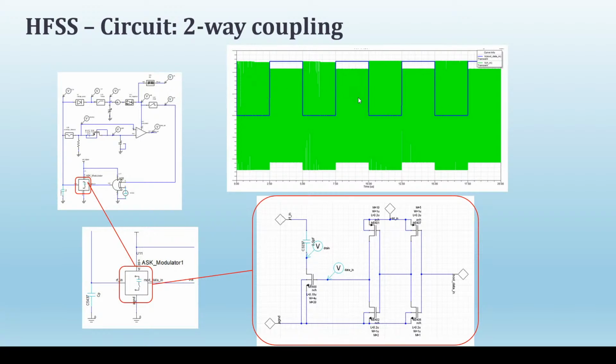On the plot up here, the green curves are the RF signals. You can see it's very clearly modulated by the digital signal, which is the blue curve. Again, we can do the transistor level design in our circuit, and you can do the optimization.